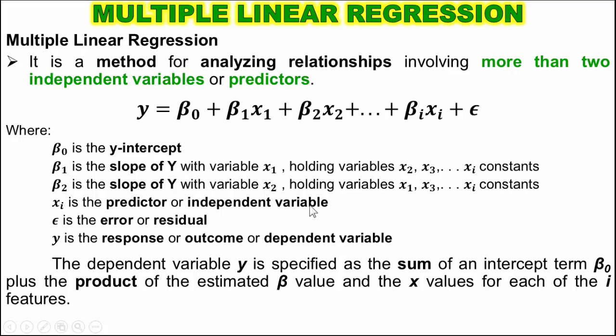Beta sub 2 is the slope of y with variable x sub 2 holding variables x sub 1, x sub 3 until x sub i constants.